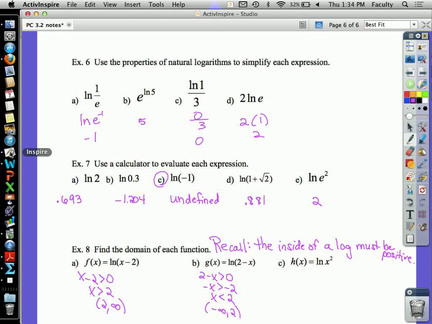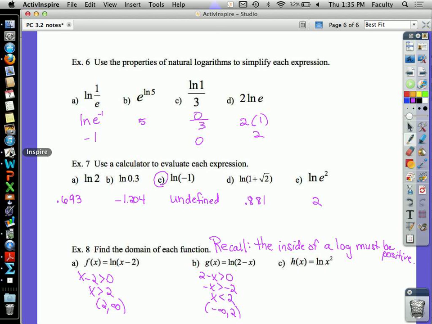H of x equals ln of x squared. There really actually isn't any work. This is more analyzing the situation. So we're going to play the game, what do I know? I know that the inside of a logarithm must be positive. Okay, we know that.